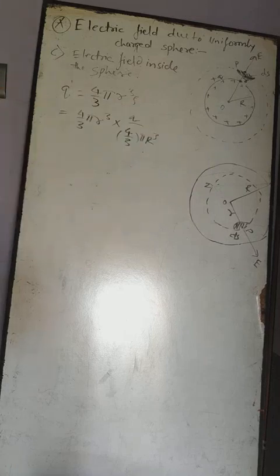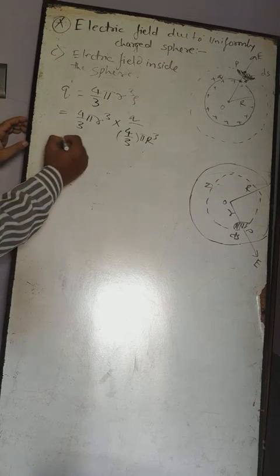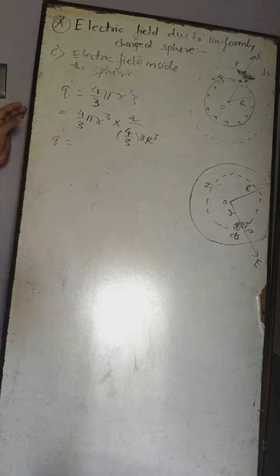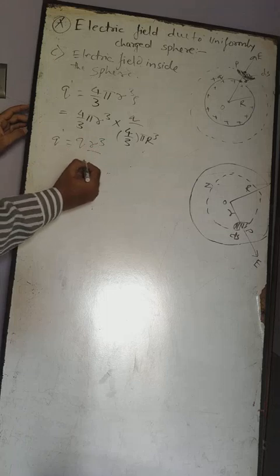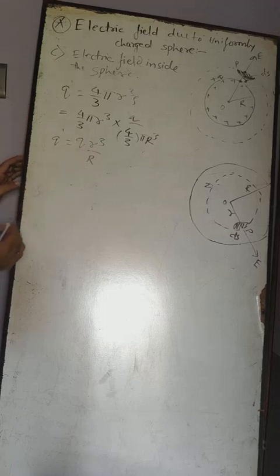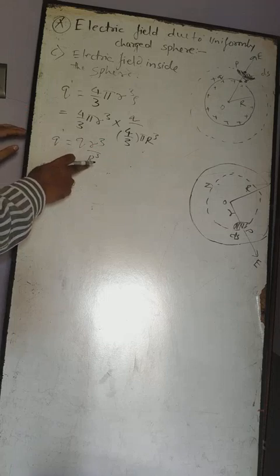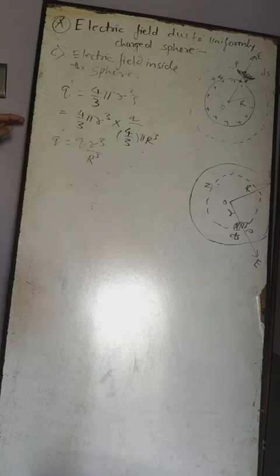So rearranging, we got Q dash is equal to Q r cube divided by R cube. This is the outer radius, this is the inner radius.